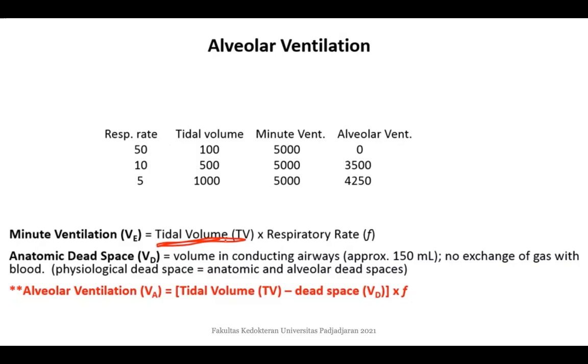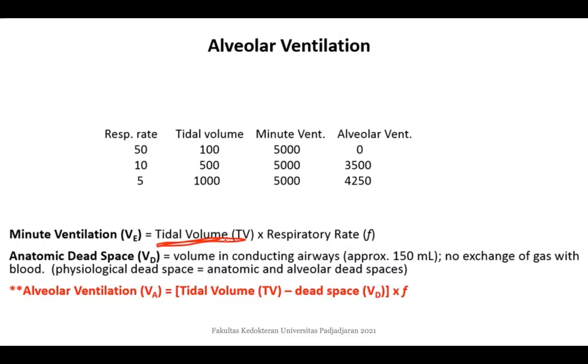Remember that the dead space is 150, so they're not even filling their conducting space, or dead space. So 0 liters of this air is getting into the alveoli. The alveolar ventilation is 0.